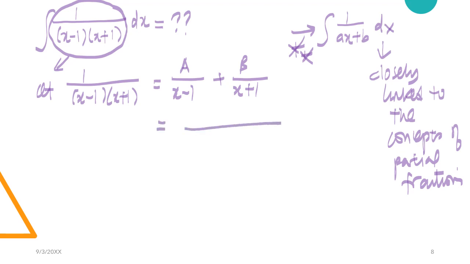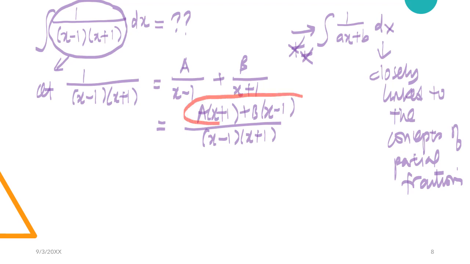And then if you recall, we can combine them into one single fraction again, and then you just compare the numerator on the right with the numerator on the left.